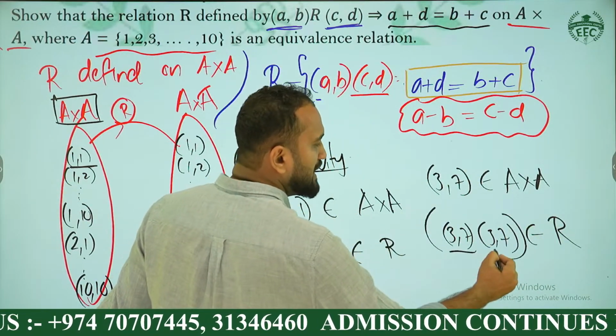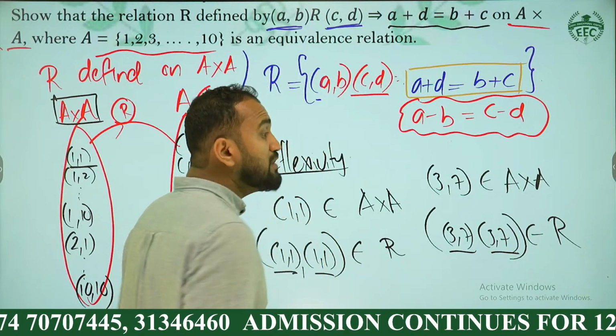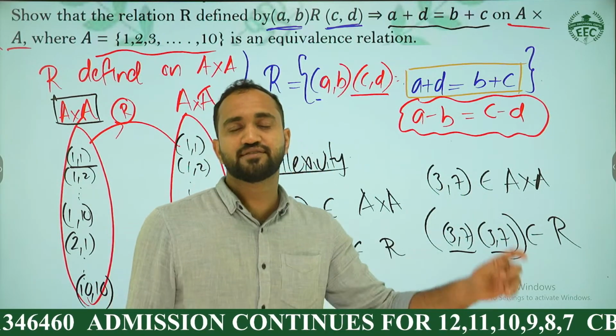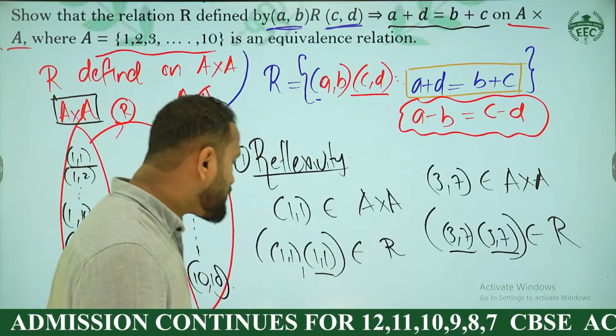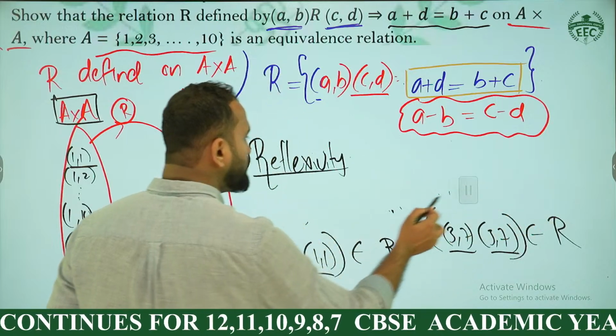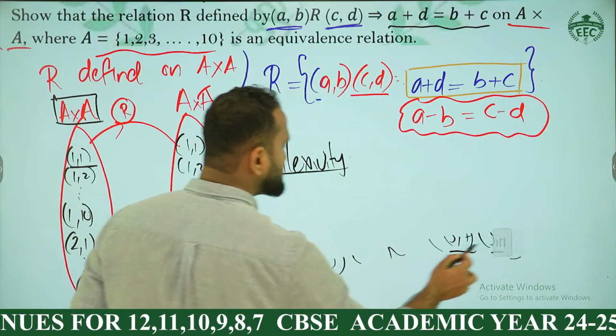Why? Because this pair A comma B will be there in the relation as difference of 3 and 7 is same as difference of 3 and 7. You got the point? In such a way, if I take any pair, I can say that the reflexive pair will be satisfying the reflexivity condition.